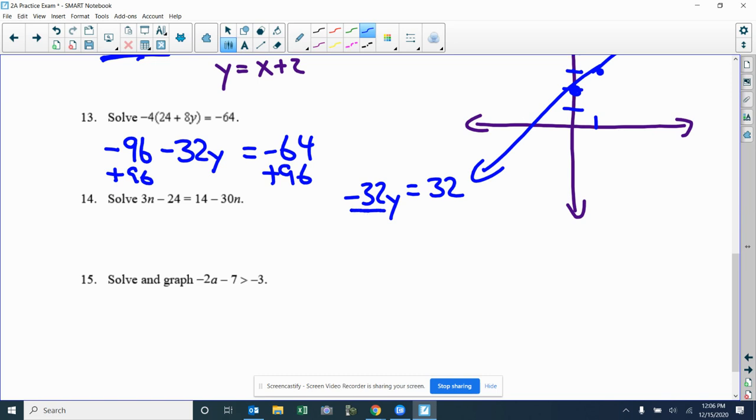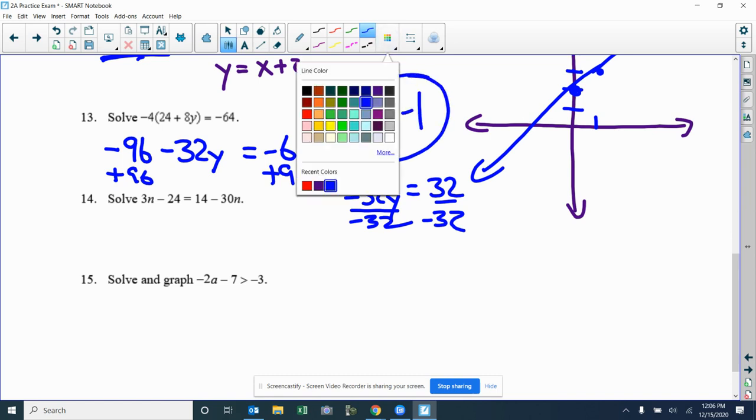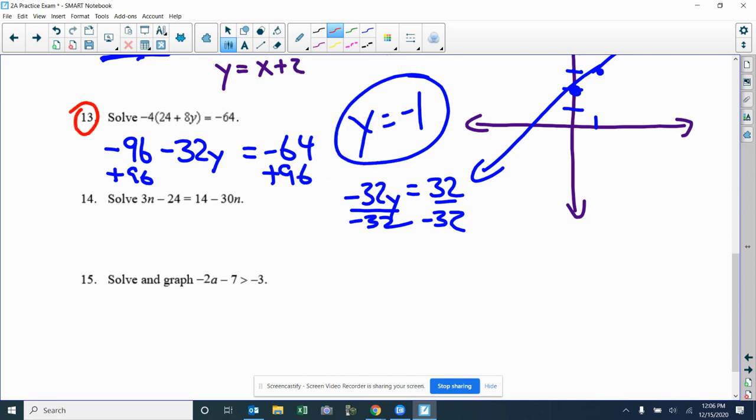Divide by negative 32, and your y is -1 for 13. Simple algebra there, distribute and solve for y.